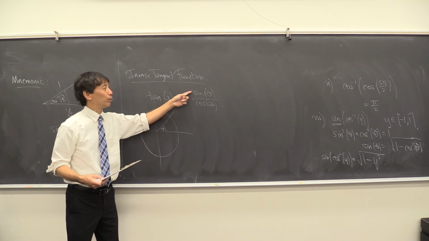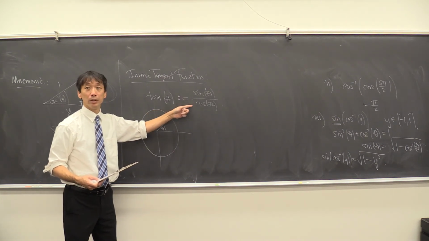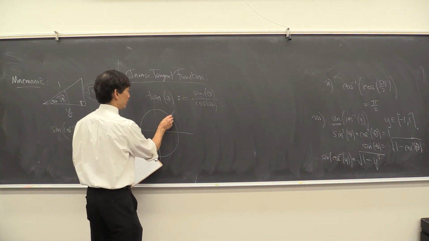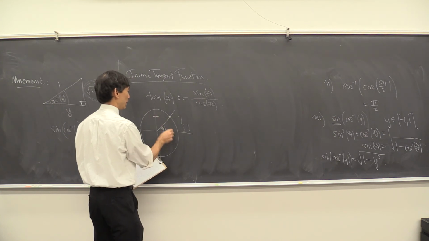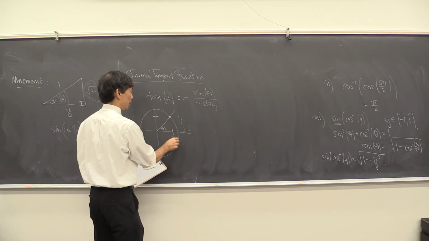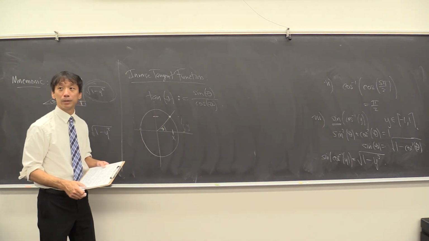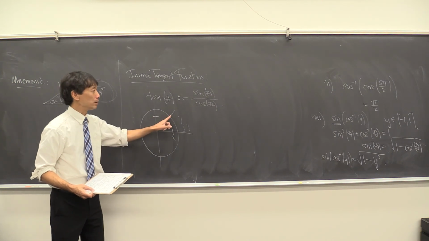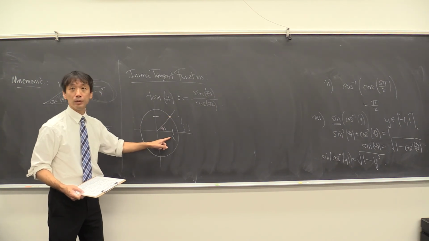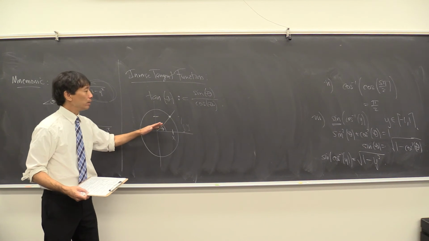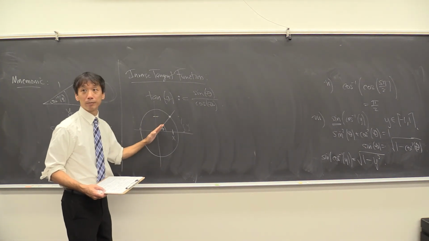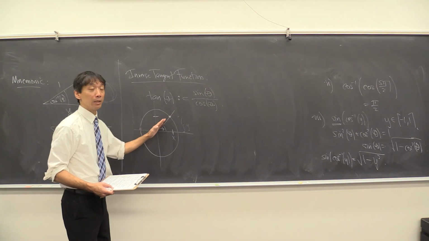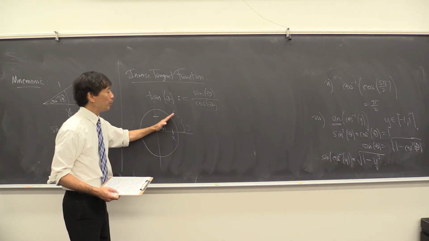Because that's the sine, and that's the cosine. So what it gives you is actually the slope of this line. If you want to think about it geometrically, it's the slope of this line.